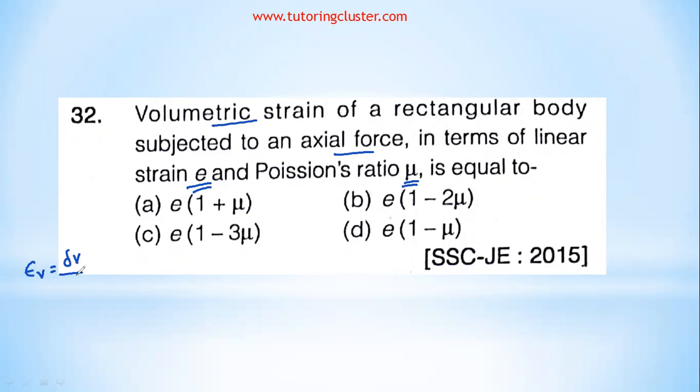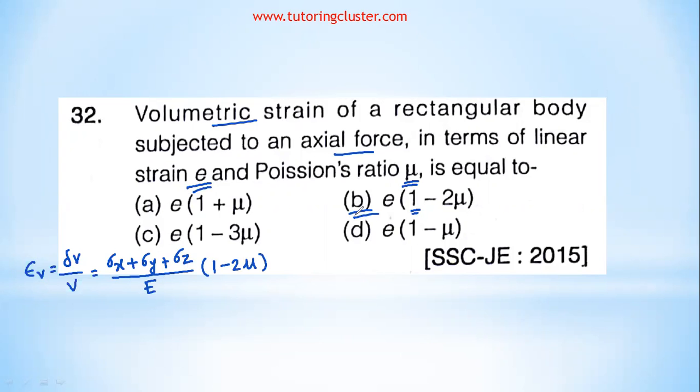The change in volume to that of the original volume, right? And in terms of stress, it is sigma x plus sigma y plus sigma z upon E in bracket 1 minus 2 mu. This relation we know. So from this also you can directly conclude 1 minus 2 mu, so it will be option number B. But we will see further.